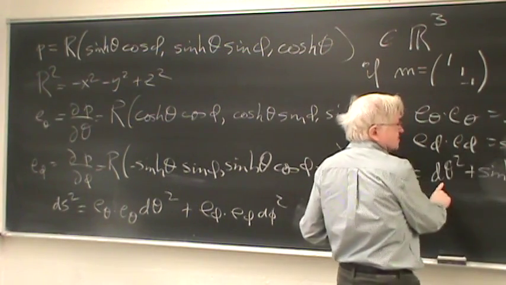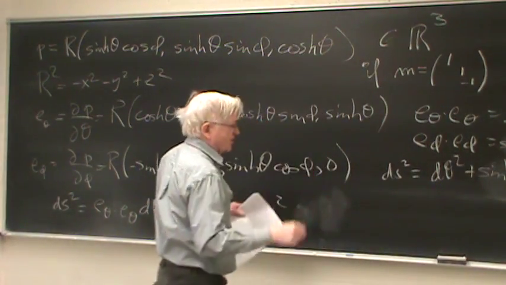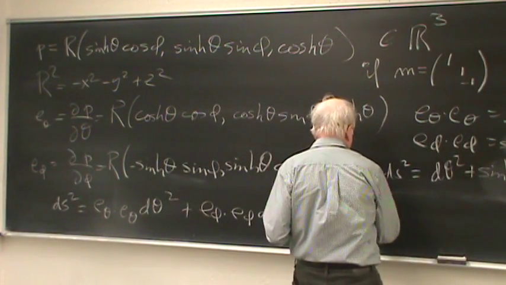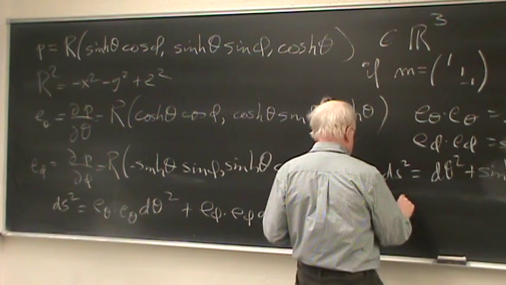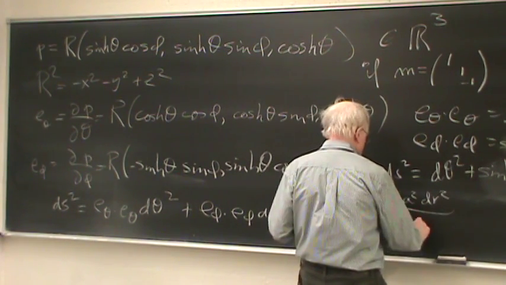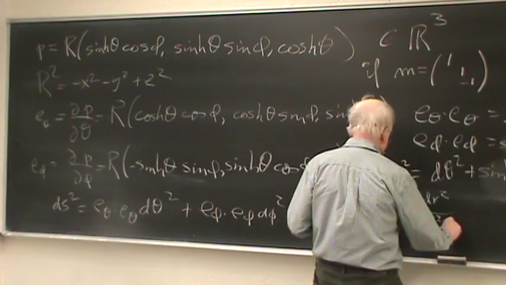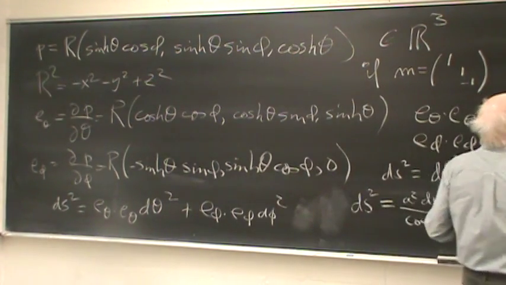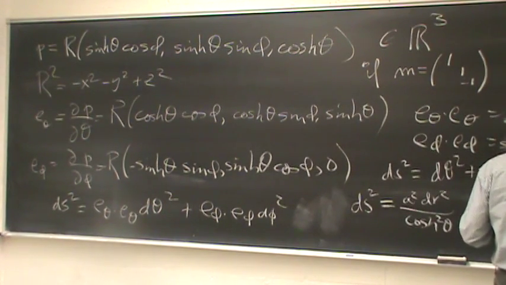So d theta squared is basically dr squared over cosh squared. And so this ds squared is A squared dr squared over cosh squared of theta. And then sinh squared is just A r over R.